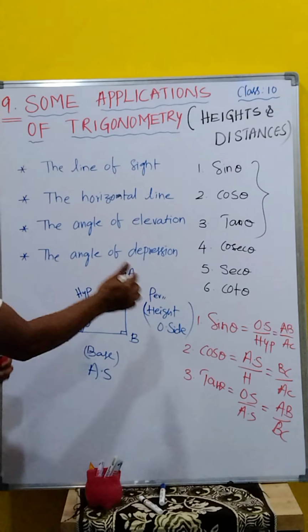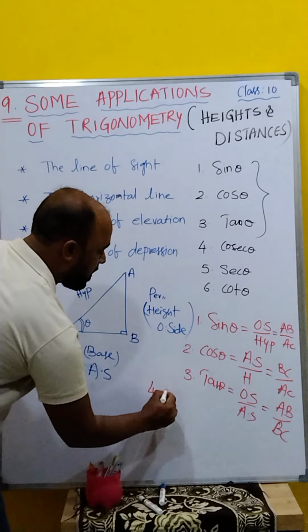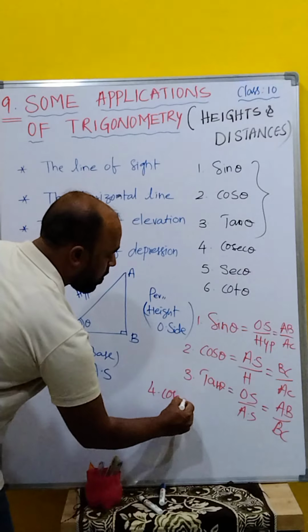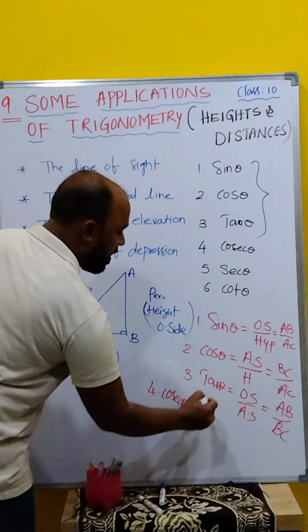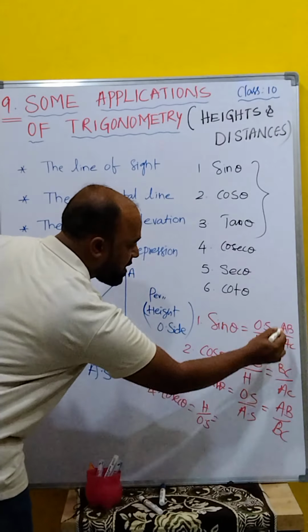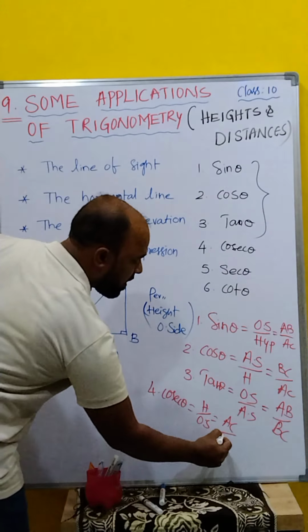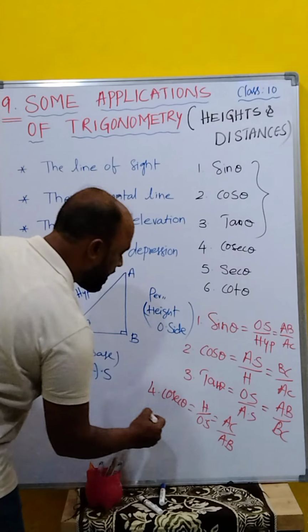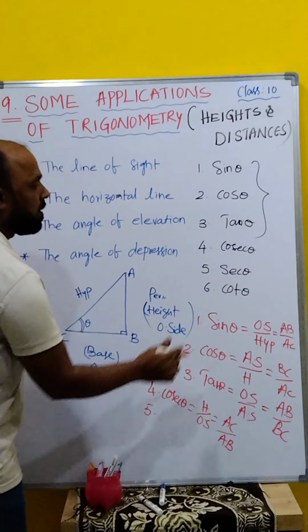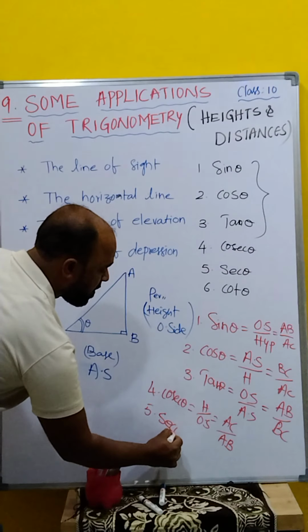Now we will go for the reciprocals. Reciprocal of sin is cosec theta. Cosec theta you can write directly as H by OS, hypotenuse by opposite side, that is AC by AB. Next, the fifth one, the reciprocal of cos theta, that is sec theta.